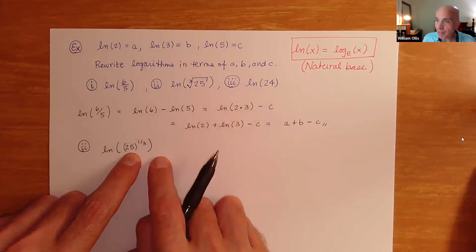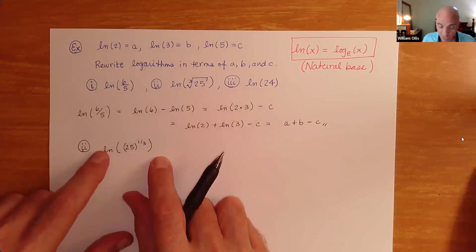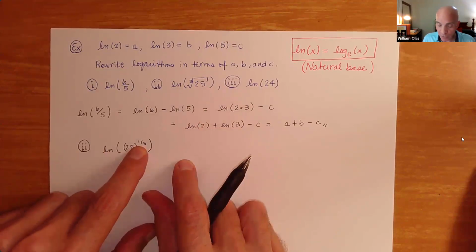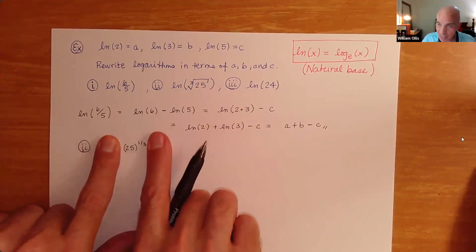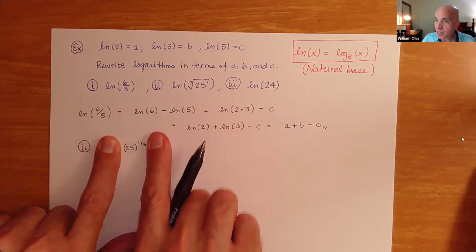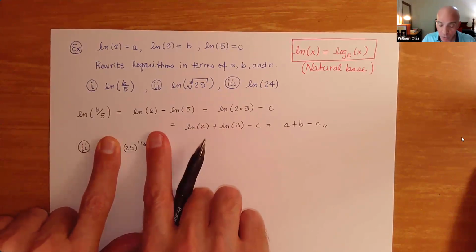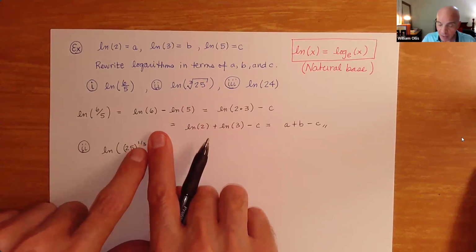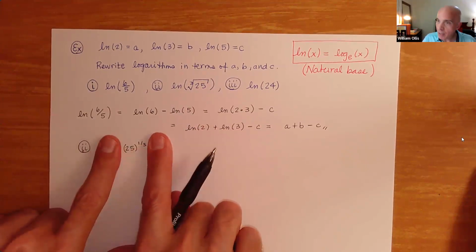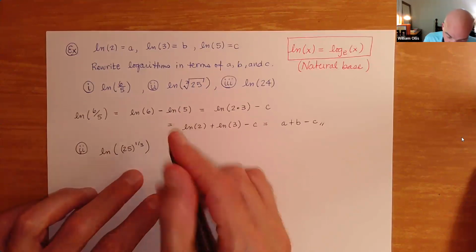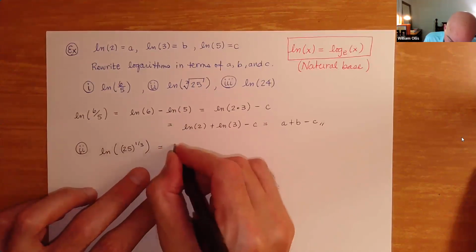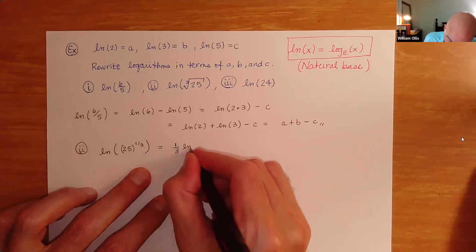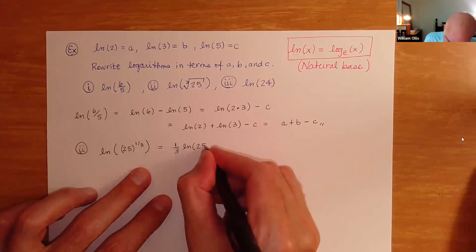And now we can apply the power rule. So basically we have the natural logarithm of 25 raised to the 1/3 power. The argument here is this, and it is written as a power. Notice here the base is fixed and the power is fixed, okay? So we can apply the power rule. So this will give us 1/3 times the natural log of 25.